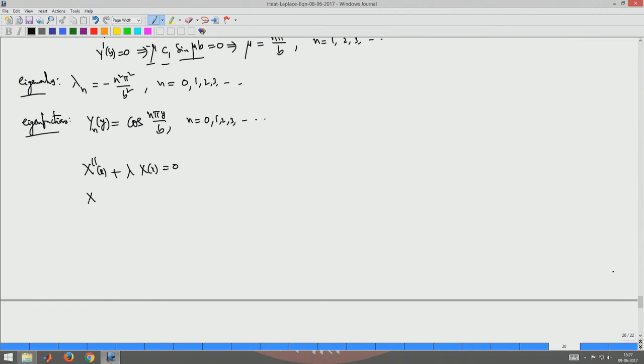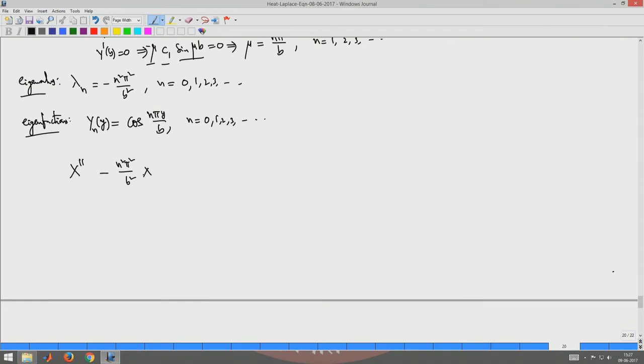So, the general solution of this x of x is C1 e power i root lambda plus C2. This is tricky, so let us use the same way that we followed, and not do this one. Given this lambda n, for each n you have x double dash plus lambda x, where lambda is minus n square pi square by b square.